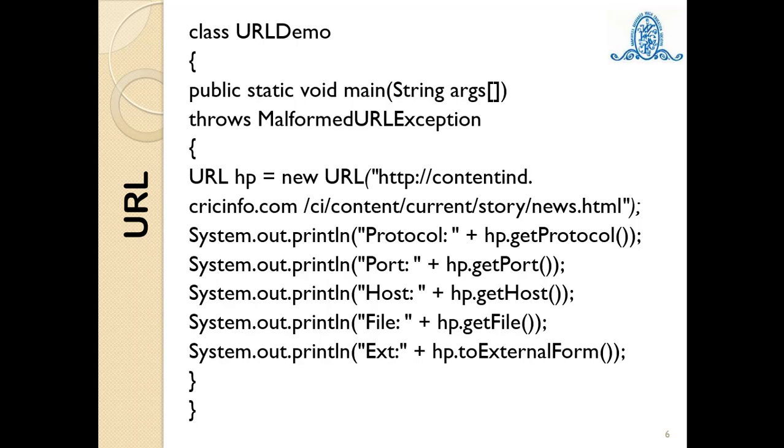Then to return the protocol value, the method is used as hp.getProtocol, and the method is called inside the print method. Similarly, we can get the port number, host name, and the file name using the methods like getPort, getHost, and getFile.